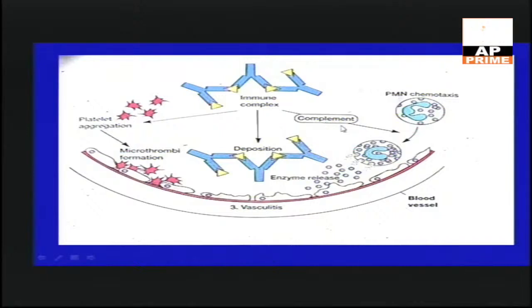As a result, many mediators are produced, like chemotactic factors, which cause the flow of polymorphonuclear leukocytes, that is neutrophils, and all these cells towards the site where the immune complexes are deposited, and cause vasculitis, that is the inflammation of blood vessels.